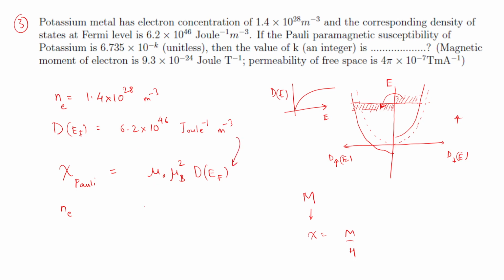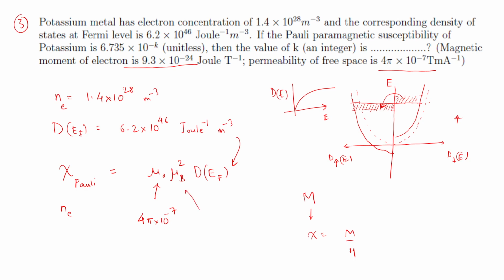What is mu B? Mu B is the magnetic moment of the electron, and the permeability of free space is also given. So here you have to put in 4 pi into 10 to the power minus 7.